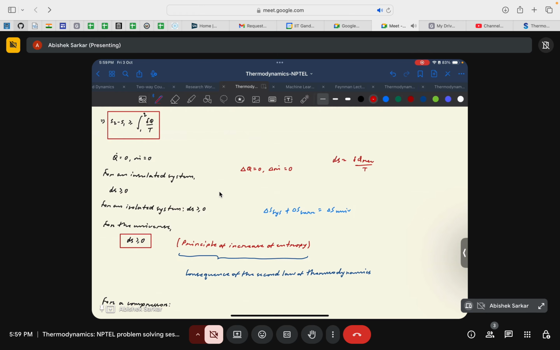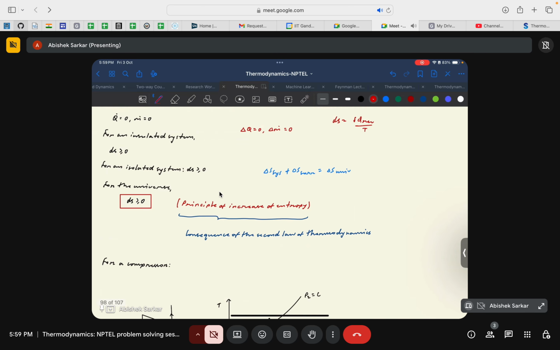So that's why we can write that the net change in the entropy of the universe is delta S system plus delta S surrounding. I am trying to correlate these things because the universe itself, in many textbooks or by many authors, can be considered as an isolated system.